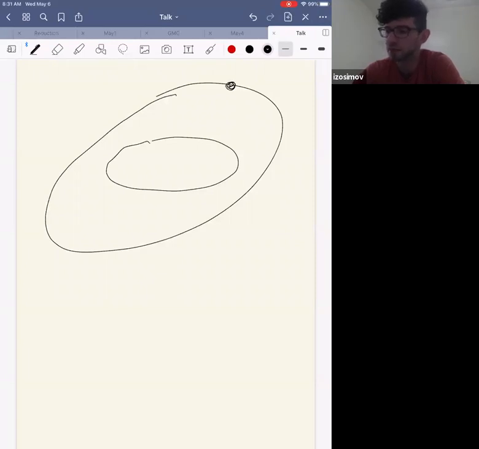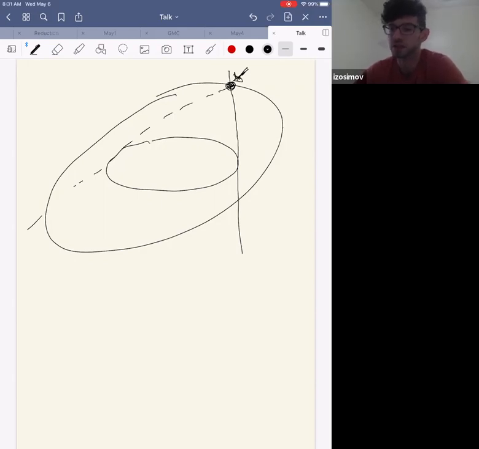One element of the flag will be a point on the outer conic, and the other element of the flag is a straight line passing through that point and tangent to the inner conic. So we consider this space, and clearly, if we fix this point, then generically there are two tangent lines through that point.